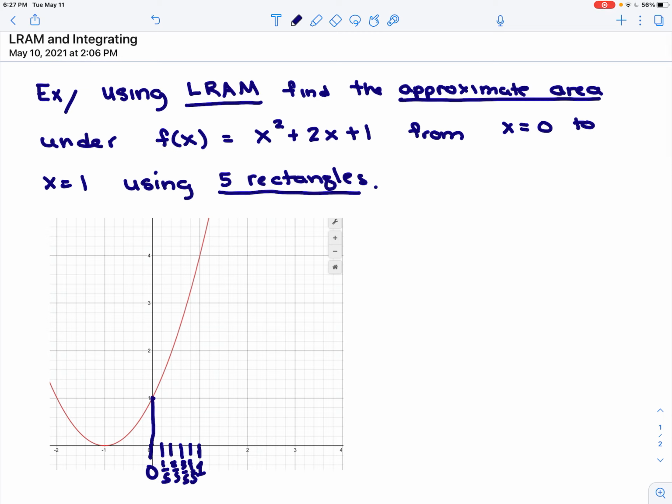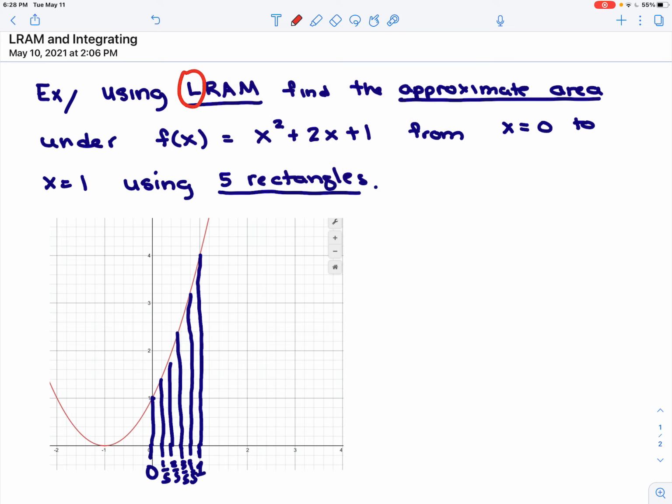Okay, so we're finding the area trapped in here. And we're doing that by dividing it up into 5 rectangles. So it's pretty easy to see the width of the rectangle. The height is what makes the difference with this left.